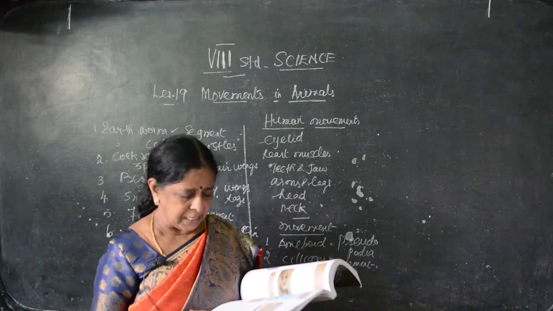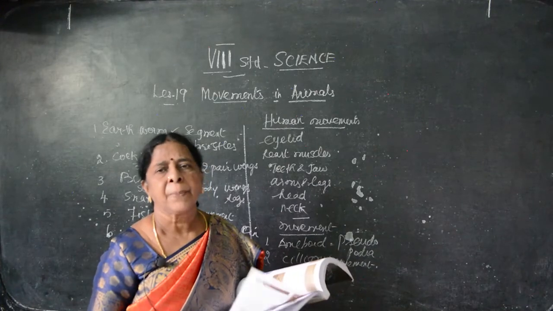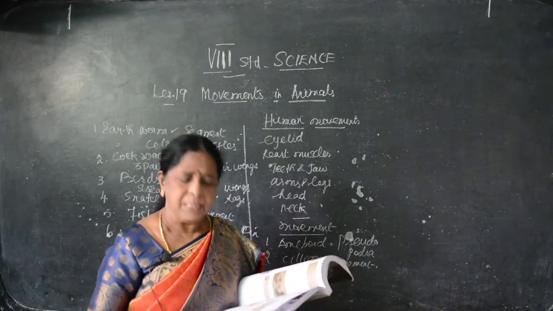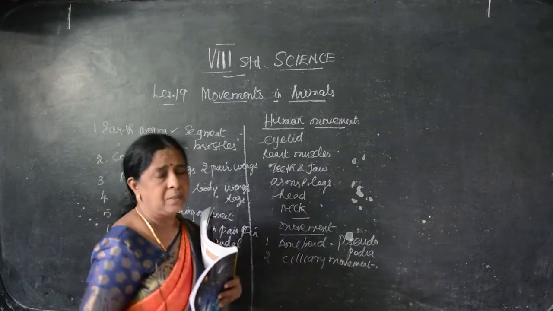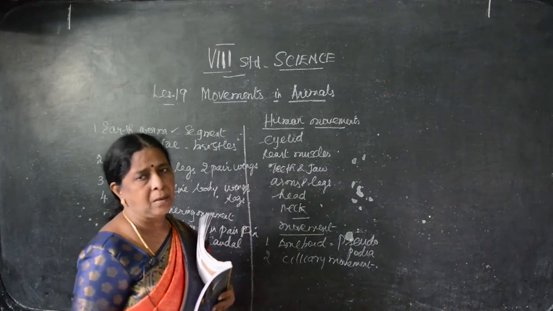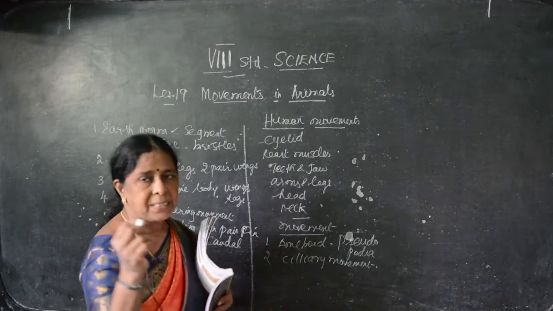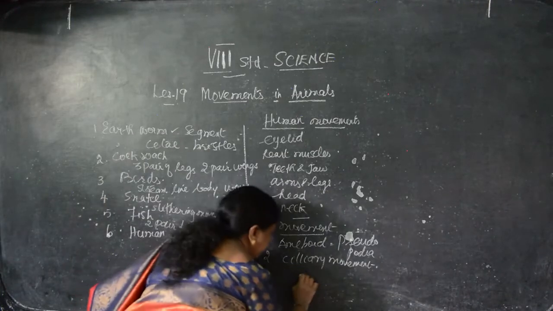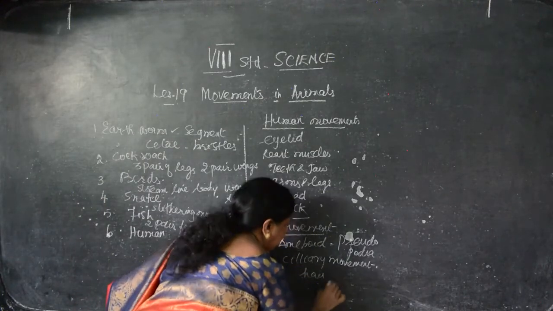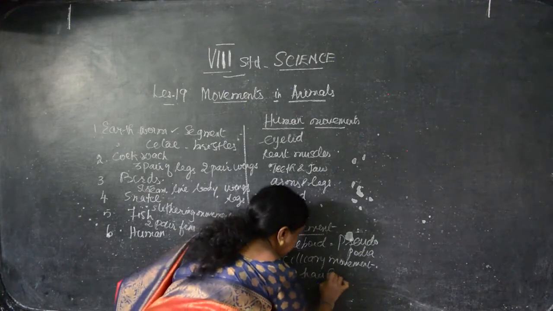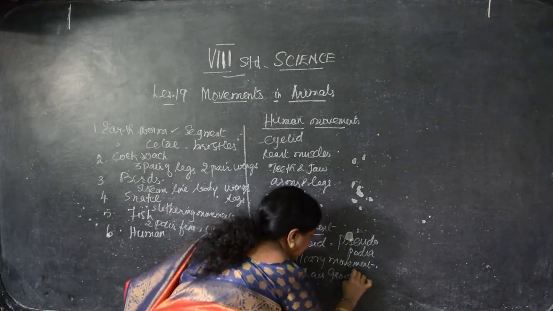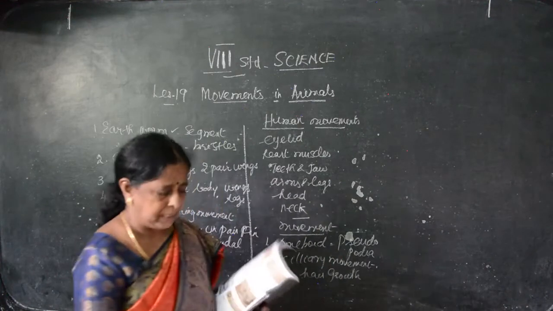Cilia. By using the cilia, these hair-like structures, you can see it in the paramecium, which moves by using the cilia. Cilia is nothing else, this is hair growth. By using it, they can move.